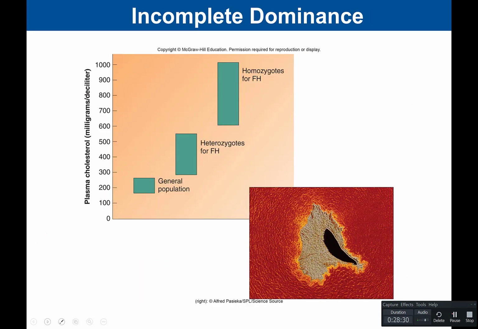So what you're looking at is this is showing cholesterol levels for different types of populations. So the general population, plasma cholesterol levels, you want your cholesterol to be under 200. So this is kind of a range of what cholesterol levels might look like.